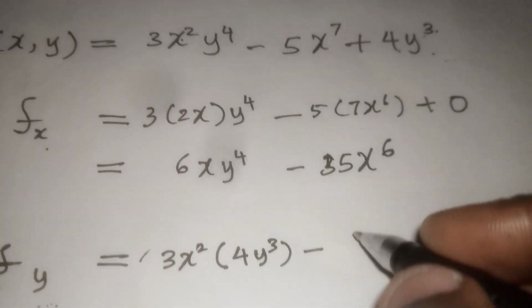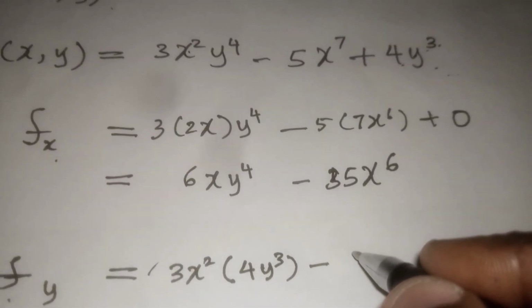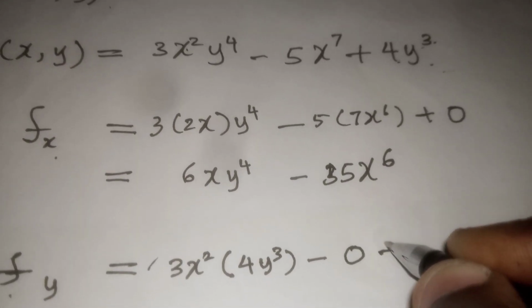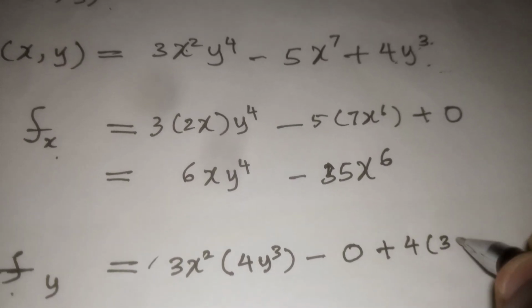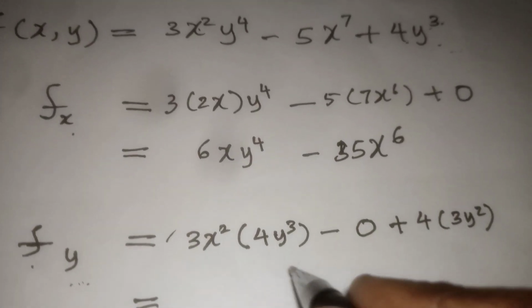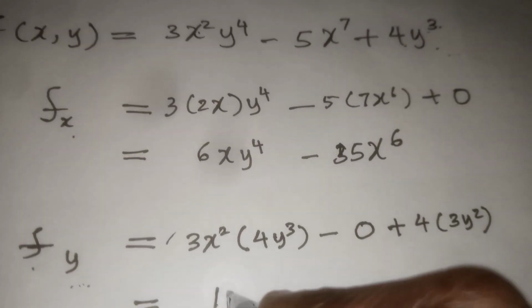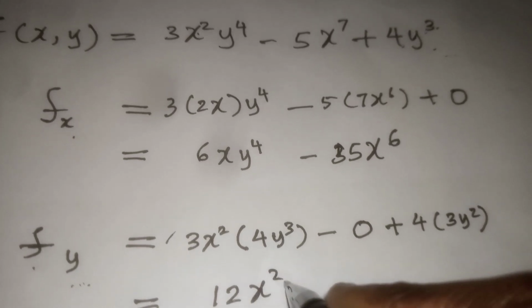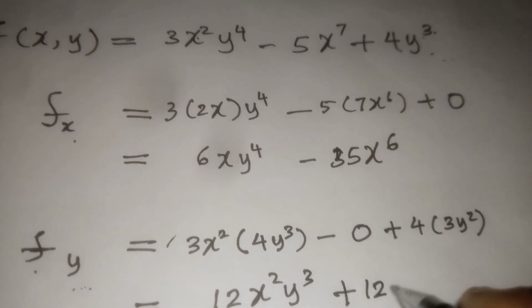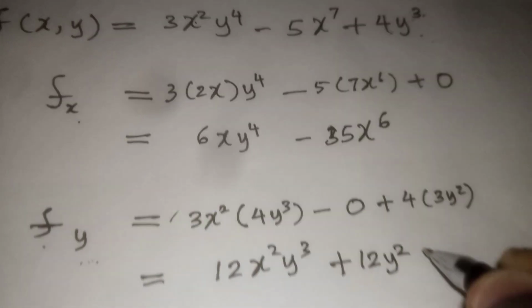Minus 5x power 7 is constant, and the derivative of a constant is 0. Now if we differentiate 4y cubed, we get 12y squared. Therefore, if we simplify, we get 12x squared y power 3 plus 12y squared.